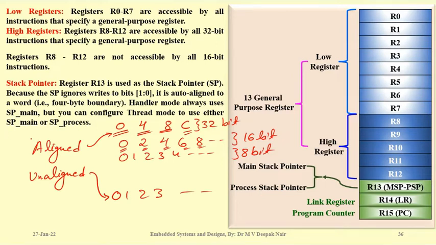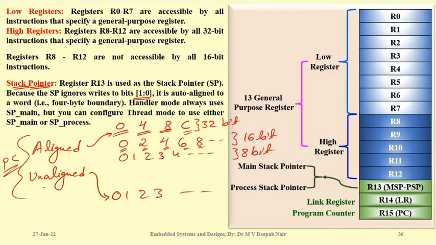But this is the concept of the program counter, how the program counter is going to handle the memory. But when it comes to the stack pointer, it ignores all the memory locations which are not aligned.